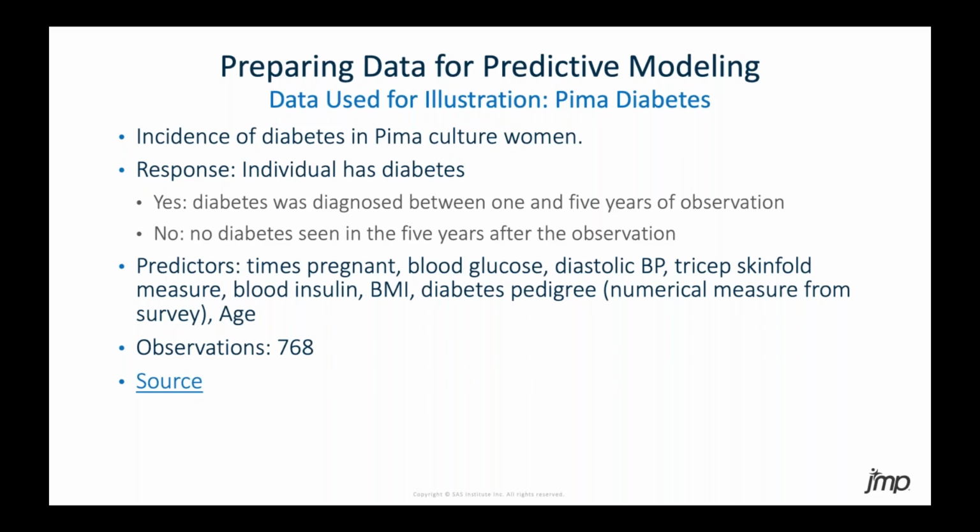So each row in this data table that I'm going to show you is going to be one individual. No means that in the 5 years after the observations in the data set, that person had not developed diabetes. About, like I said, seven or 8 predictors in there: times pregnant, blood glucose, diastolic blood pressure, and so on. 768 observations. As I had mentioned, a fairly small data set.